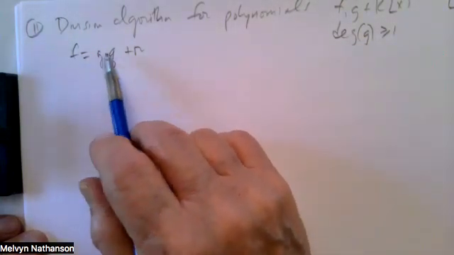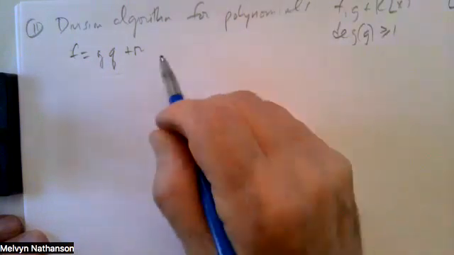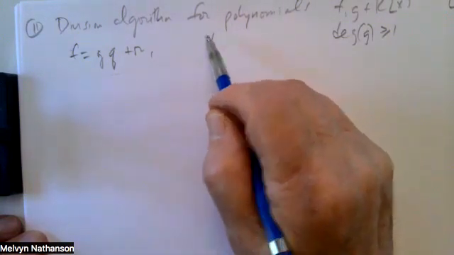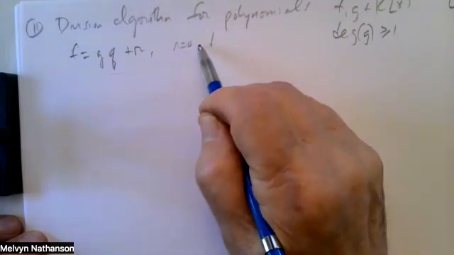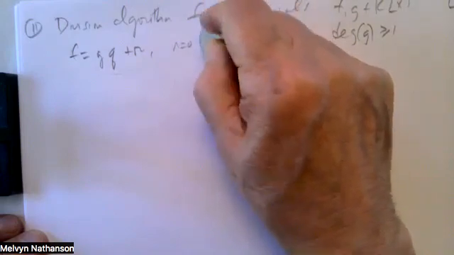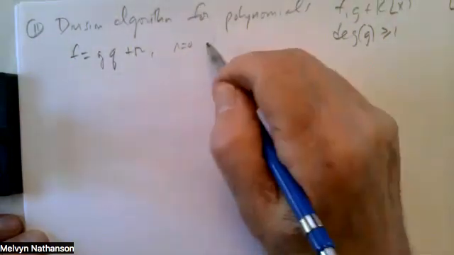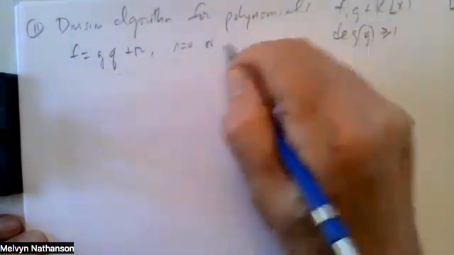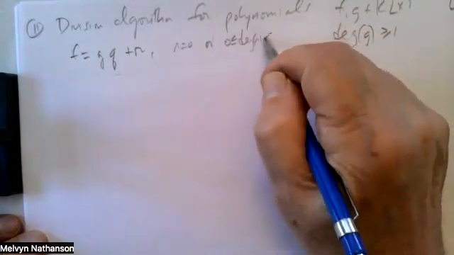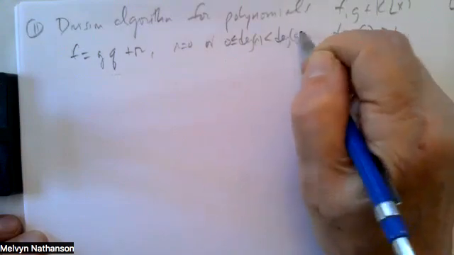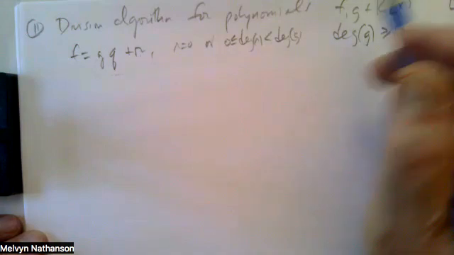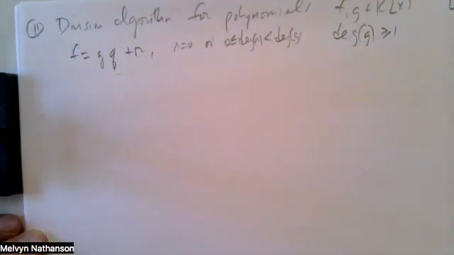So I can write f as g times q plus r, where either r equals 0 or the degree of r is greater than or equal to 0 and strictly less than the degree of g. So q is the quotient polynomial and r is the remainder polynomial.